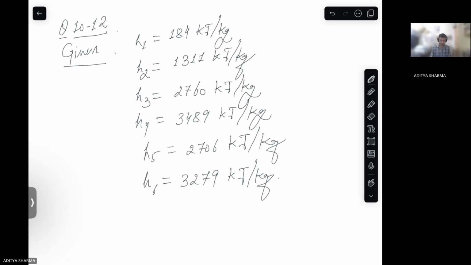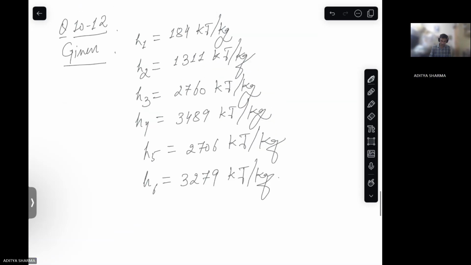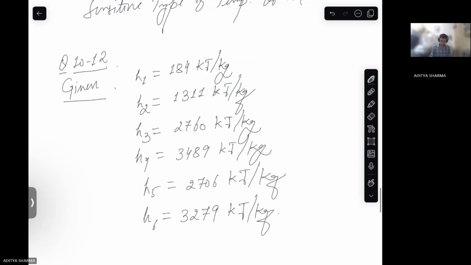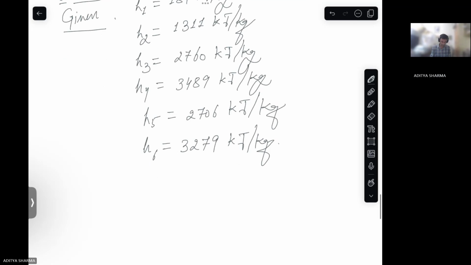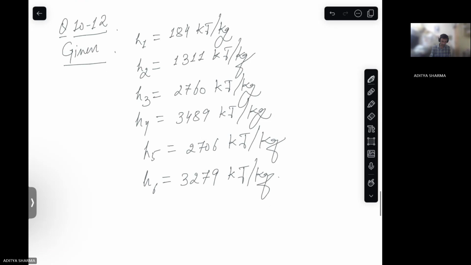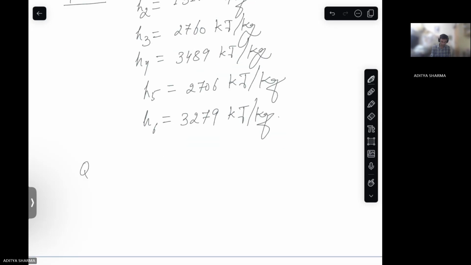So this has been given. What we can do is find out for the economizer.